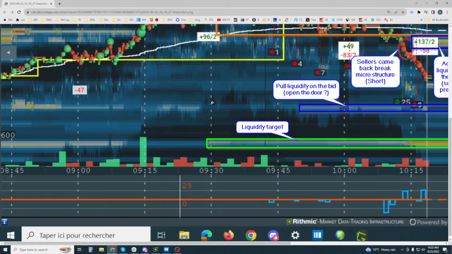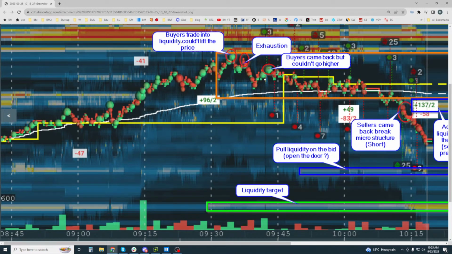Just great stuff here. Look at traders or buyers trade into liquidity and can't lift the price in here. He identified that. Here's our exhaustion. This is a micro double top, or at least a really small time frame double top. There's our exhaustion. He properly identifies that. This is where you can look for that trade.